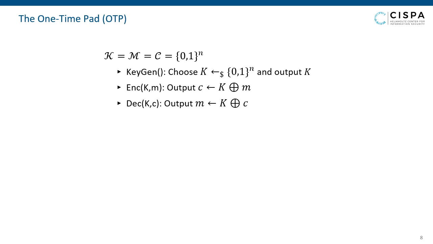And decryption does the same thing. It takes a key k and a ciphertext c and just XORs the key k onto the ciphertext c. Note immediately that here, as we've just stated, keys are as long as messages. A quick historical note maybe: the one-time pad is also called the Vernam cipher and was originally proposed by Vernam in 1917. What you see here is a modern description of this scheme.